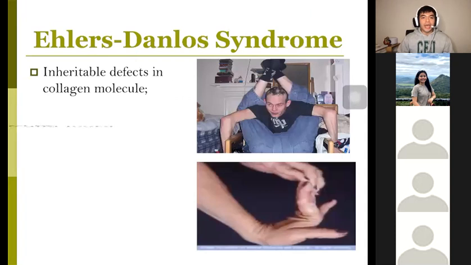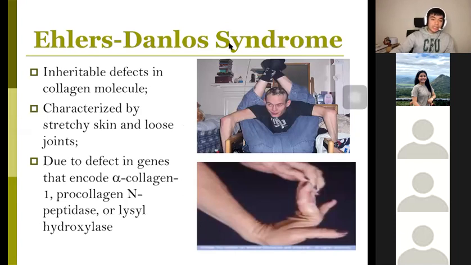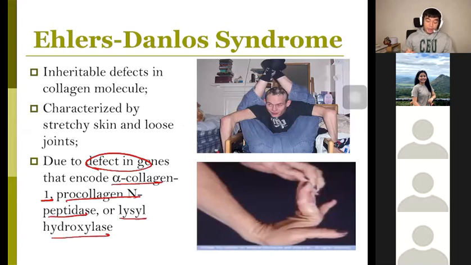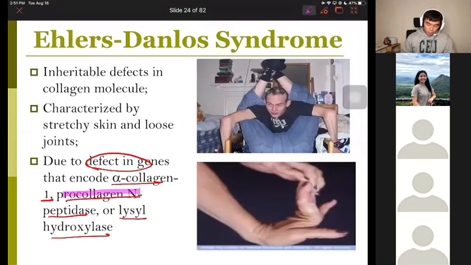We also have Ehlers-Danlos syndrome. For Ehlers-Danlos syndrome, this is characterized by inheritable defects in collagen molecule in which ang defective genes are the ones that encode alpha collagen 1, pro-collagen N peptidase, and then lysyl hydroxylase. Remember, these enzymes are important, like pro-collagen peptidase and lysyl hydroxylase, sa production ng collagen.